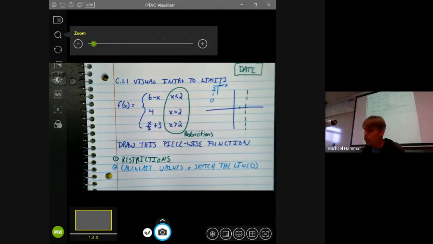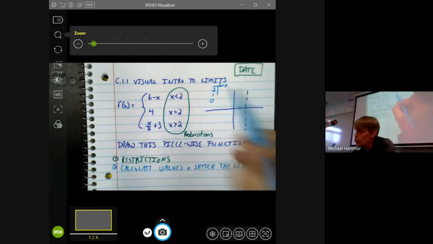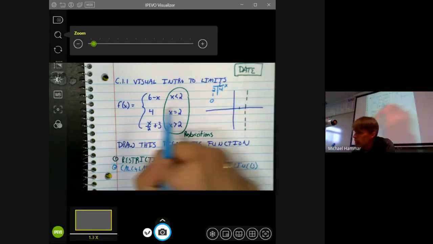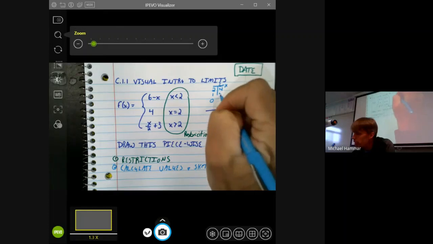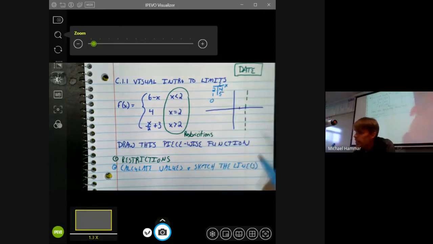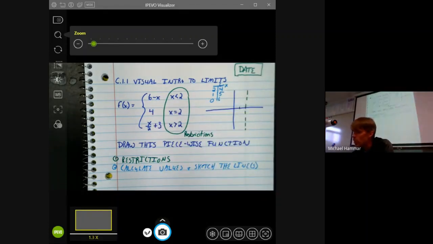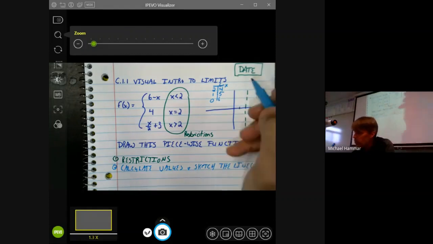Now, something you should remember, or you should know just by looking at this, is anytime it's 6 minus a single x, that's a line. So 6 minus 2 is 4. 6 minus 1 is 5, yep, and 6 minus 0 is 6. So I'm going to plot all of those values.